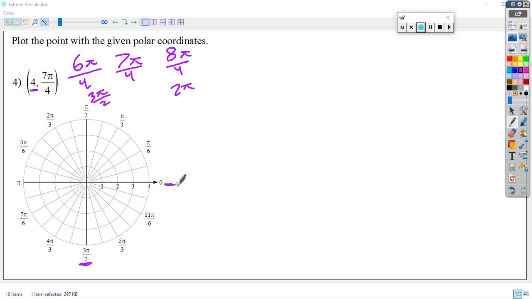So I have a wide range, but what is exactly halfway in between 3 pi over 2 and 2 pi? Exactly halfway, at 45 degrees, I'm at this line right here. And since my radius is 4, I'll end up right there.